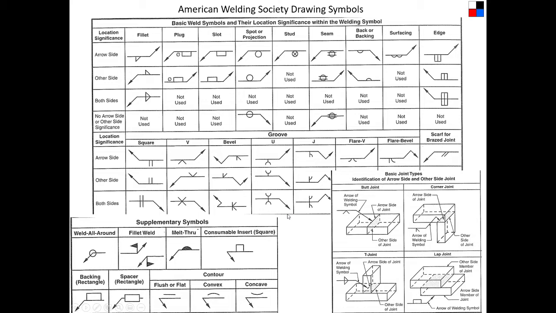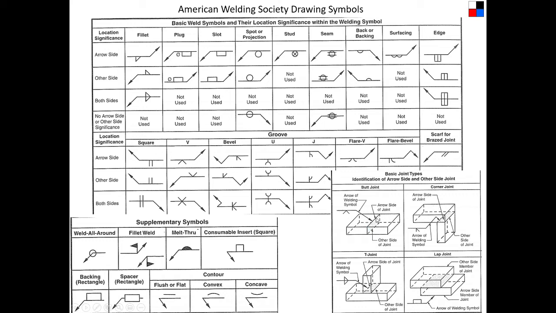We will finish this portion by talking about what the arrow side or the other side means. If you have a butt joint like this and you say that we want to do a V groove weld, that means you're going to either grind or machine a V groove into it and then weld inside that V groove so that you get really good penetration between the two materials.